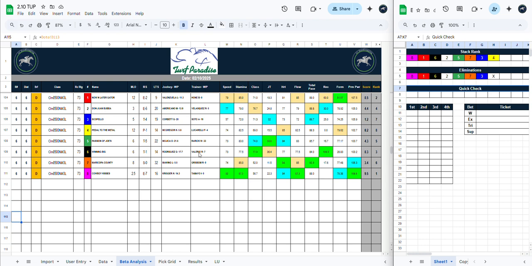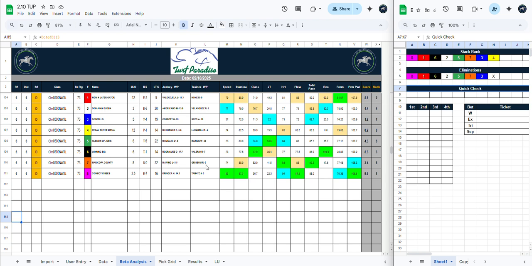So 7% isn't great, but 17, almost 18% is towards the top of what I consider to be a good jockey. So whenever I see a great jockey with a poor trainer or a high percentage jockey with a poor percentage trainer, I tend to err on the side of keeping that horse in. If I see a good trainer with a low percentage jockey, that then becomes more of a concern for me.